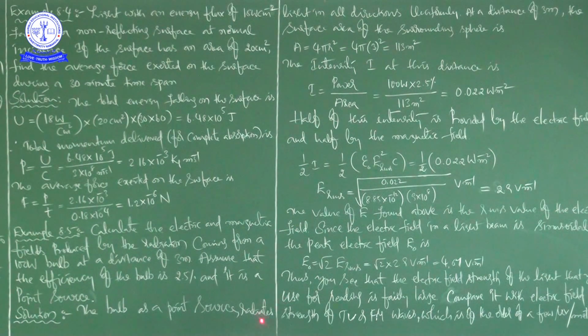Thus you see that the electric field strength of the light that you use for reading is fairly large. Compare it with the electric field strength of either television or FM, frequency modulation, waves, which is of the order of a few microvolts per meter.